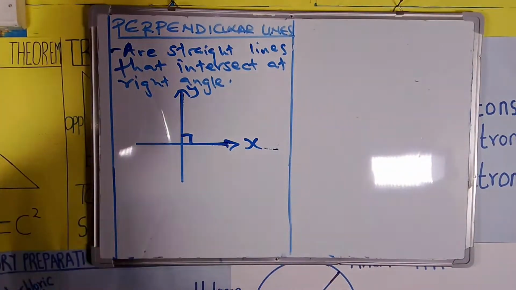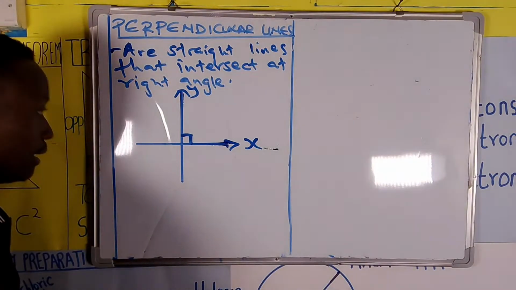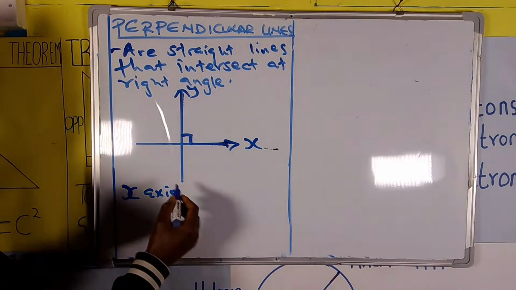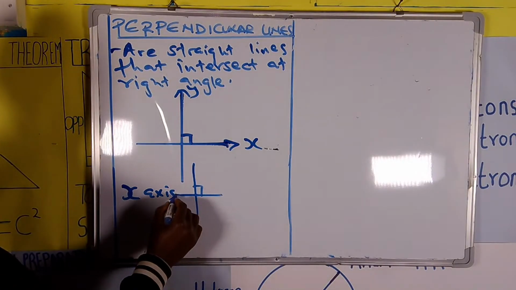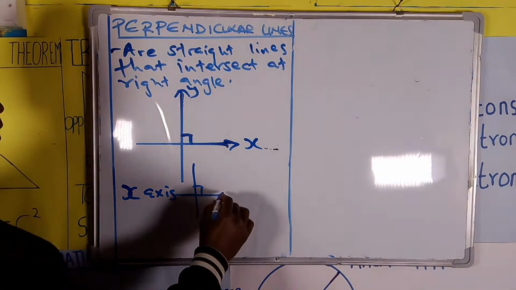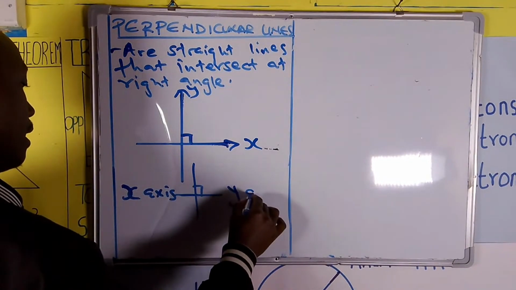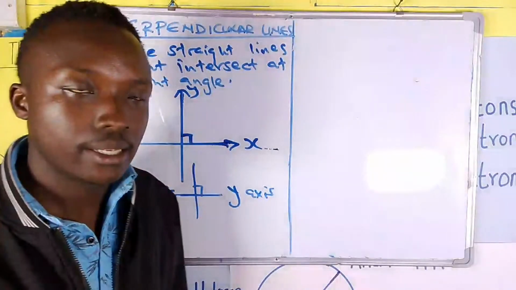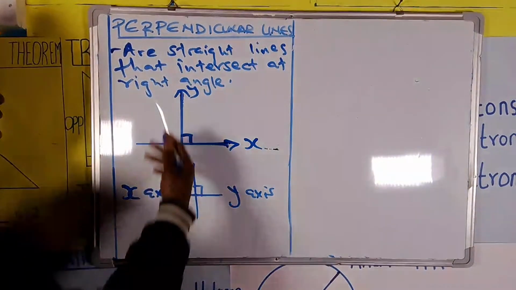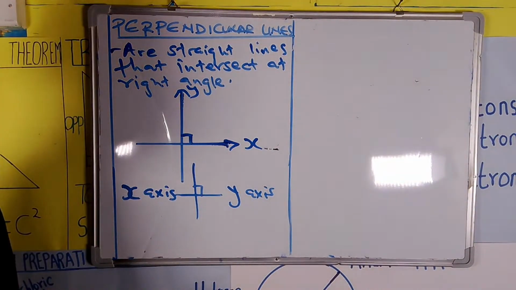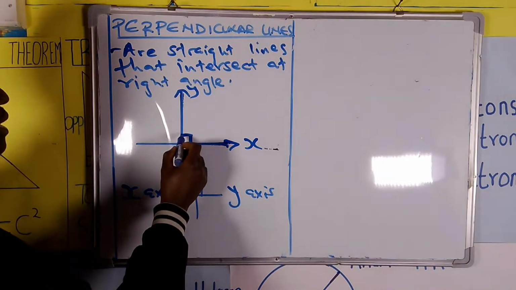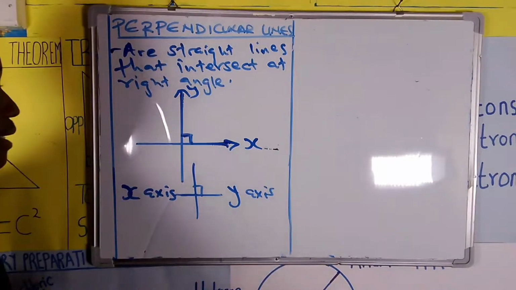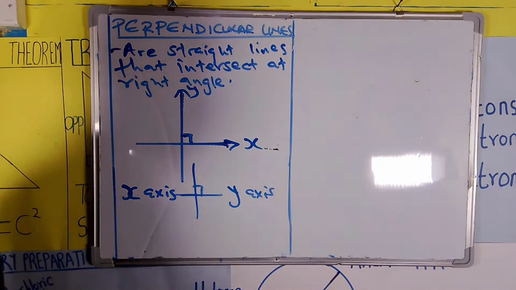So in this scenario, we can say that the x-axis is perpendicular to the y-axis. Why? Because the two lines are intersecting at a right angle. If you check clearly, this is 90 degrees.